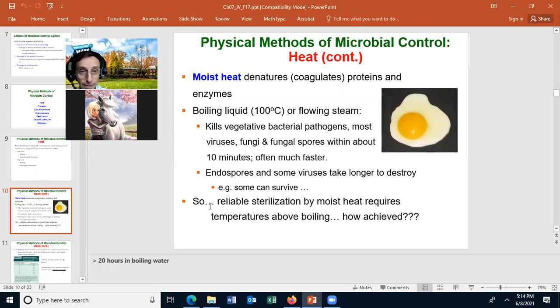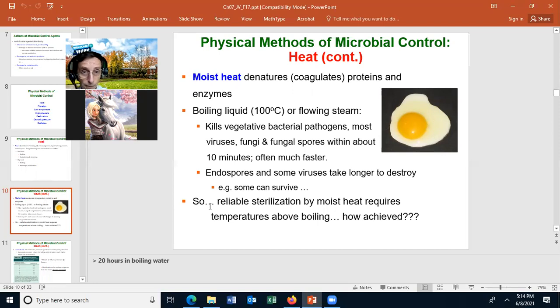However, boiling doesn't kill everything. Endospores and some viruses take longer to destroy. Some endospores can survive 20 hours in boiling water. So endospores are very resistant to heat.